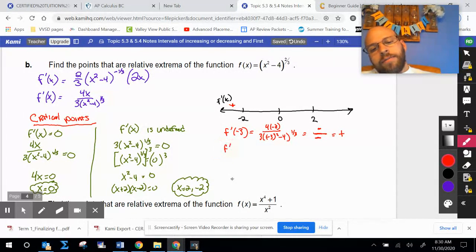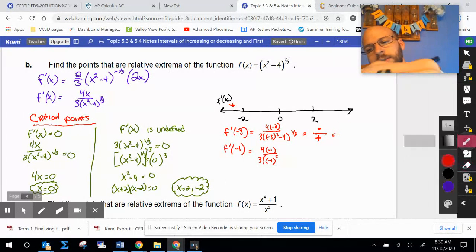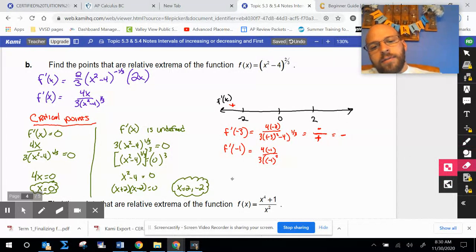If I have f prime, I'm going to pick a number between negative 2 and 0. Negative 1 seems like a good one. 4 times a negative 1 all over 3 times a negative 1 squared. Oh, you know what? This would have been positive. Sorry about that, guys. The denominator would have been positive on the first one, which would have given me a negative or decreasing slope.